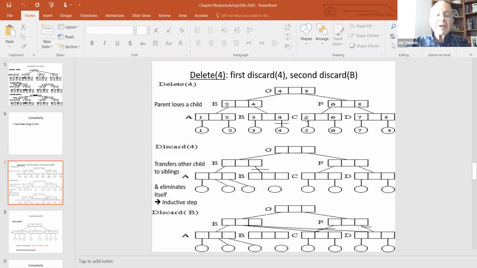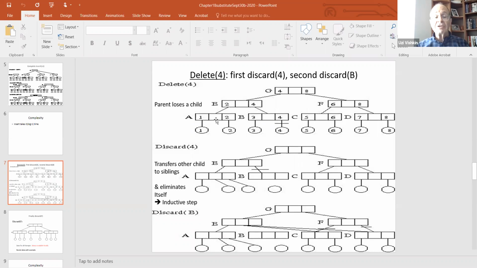So now let's take this example where I remove this 4, and now B has just 1 child. So what can I do when I shift it 1 level up? I will try to negotiate with my sibling A, and had A had 3 children, I would have shifted 1 to B and stopped it there.